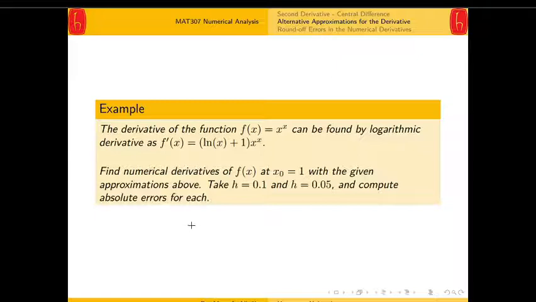Okay, an example: the derivative of the function f of x equals x to the x can be found by logarithmic differentiation, and the derivative is equal to ln x plus 1 times x to the x. So this is the analytical derivative value. Find the numerical derivatives of f of x at x naught equals 1 with the given approximations above.